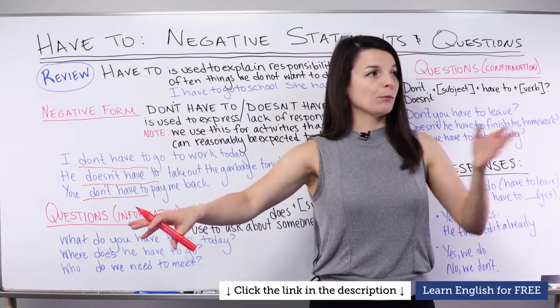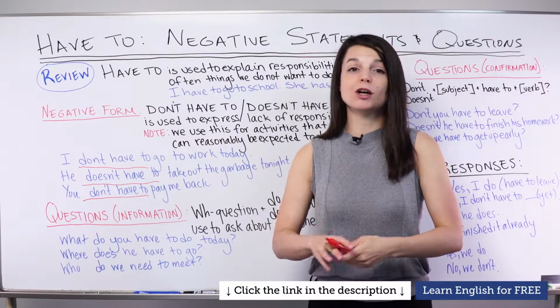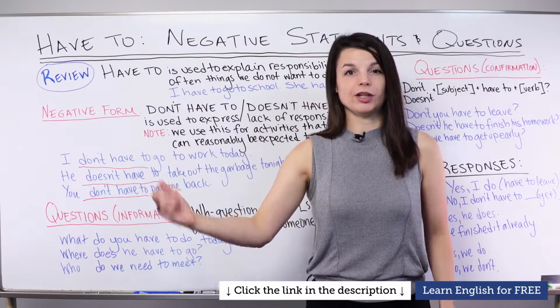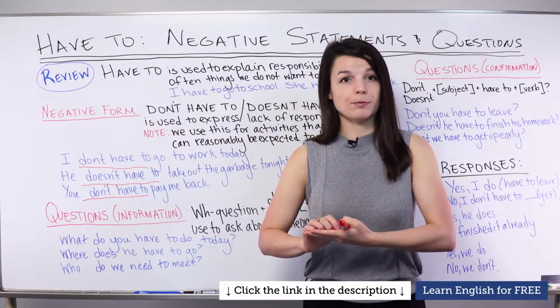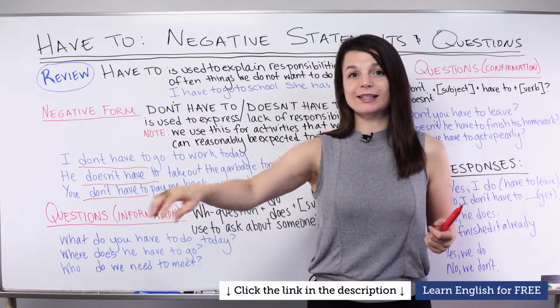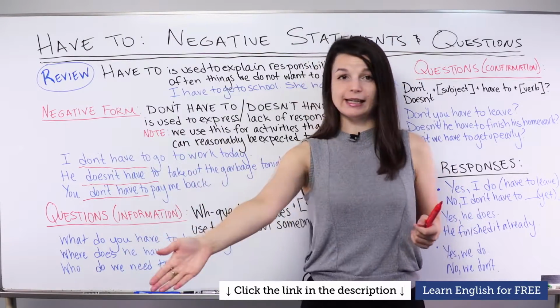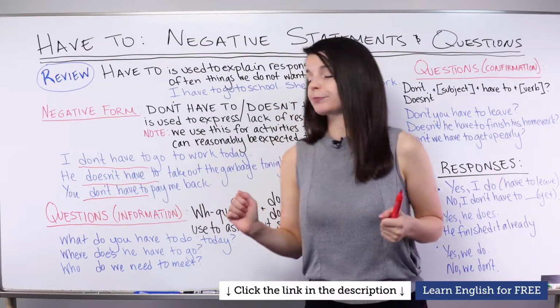I might say to someone else, well, where does he have to go? Maybe where does he have to go to find this information? Where does he have to go to get this document, for example? So we're looking for information for this other person. I'm talking to a third person in this situation.